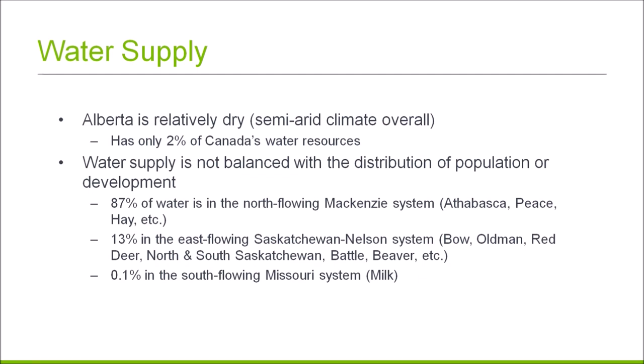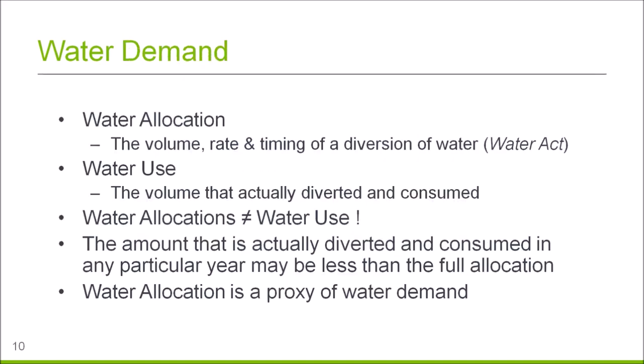And as you can see, 87% of the water is in the north flowing Mackenzie River system that drains into the Arctic Ocean. 13% of the flow is going to the east flowing Nelson system that drains into the Hudson Bay, and only a fraction of the water is going to the Mississippi system and drains into the Gulf of Mexico.